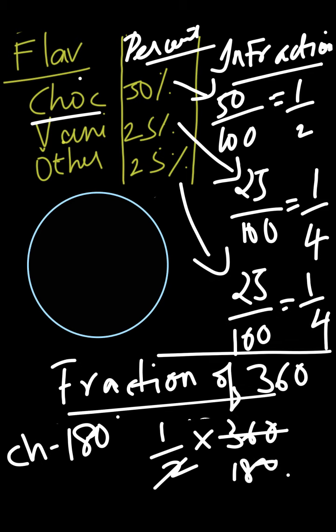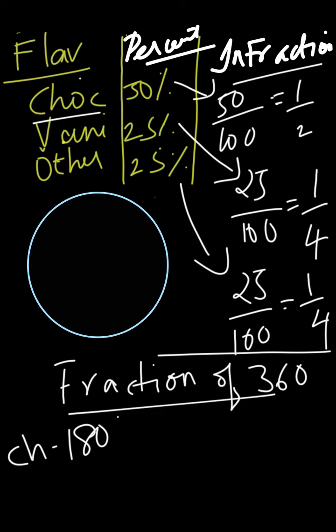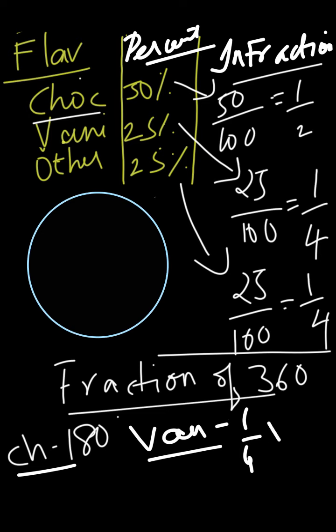So with this, don't get confused. Then you have vanilla flavor. Vanilla flavor you have 25%, that is 1 by 4. 1 by 4th of 360, what is it going to be? 90, because 4 nines are 36 and 0 as it is.